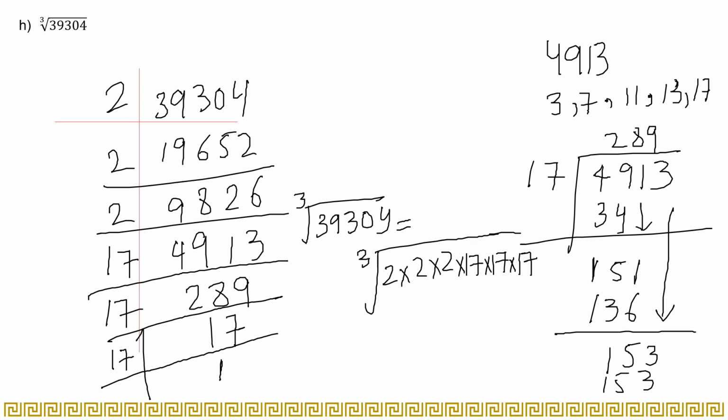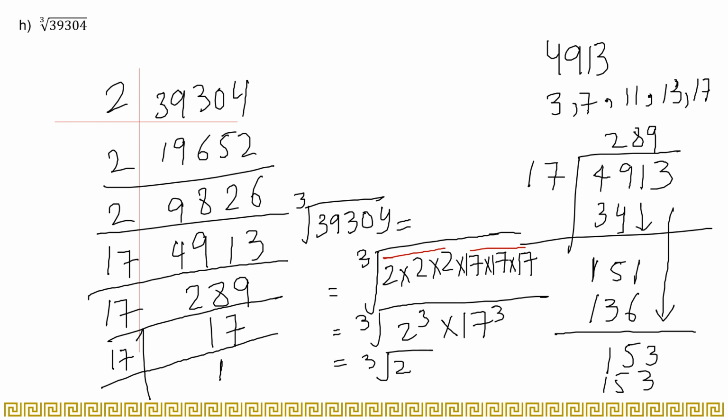Again, combining three numbers here, this and these, you will get cube root of 2 cube multiplied by 17 cube. Applying the root separately, cube root of 2 cube multiplied by cube root of 17 cube, cancelling the root with power of 3, you will get 2 multiplied by 17.